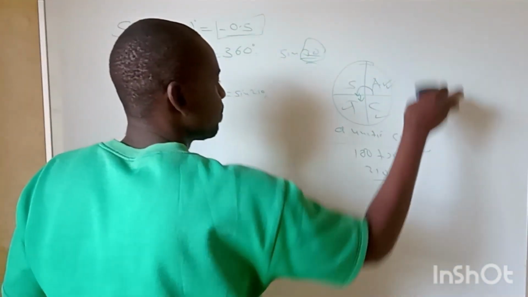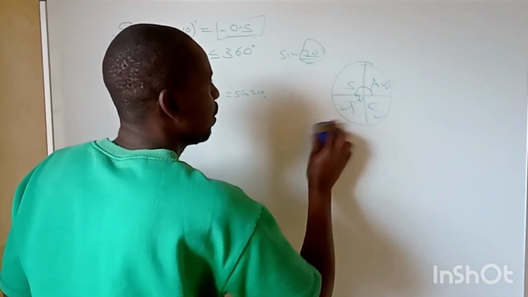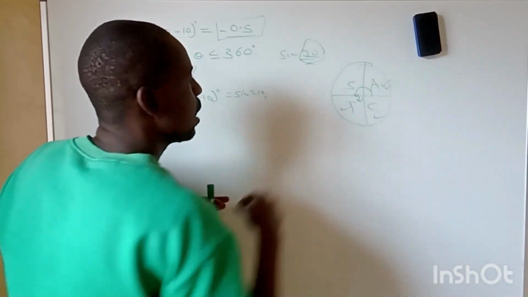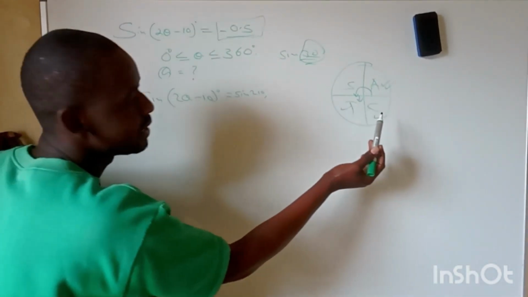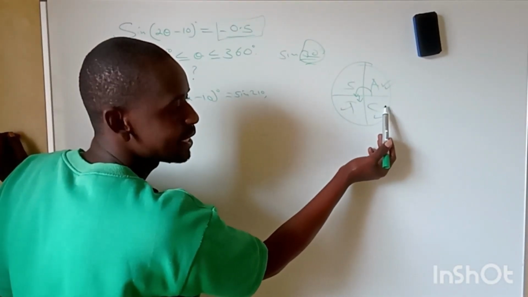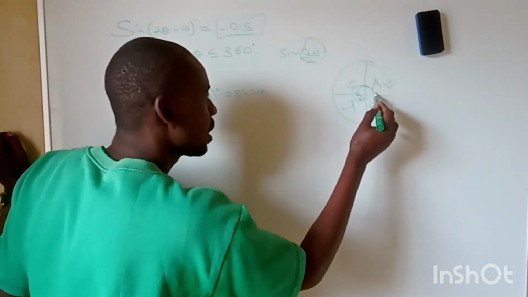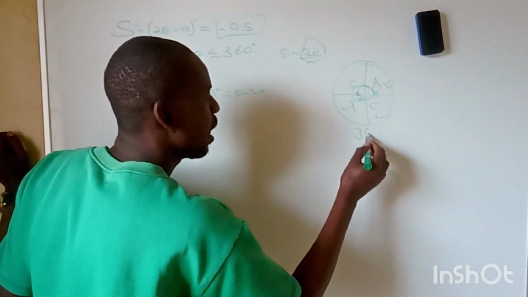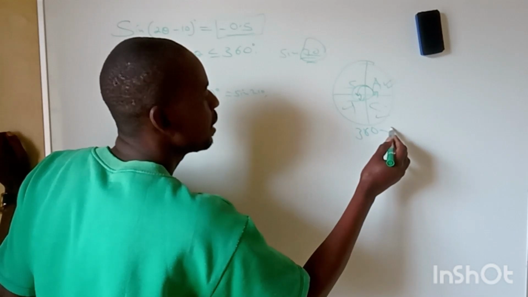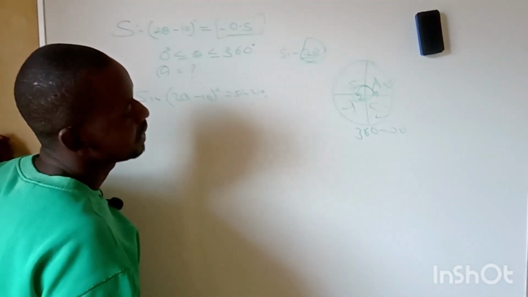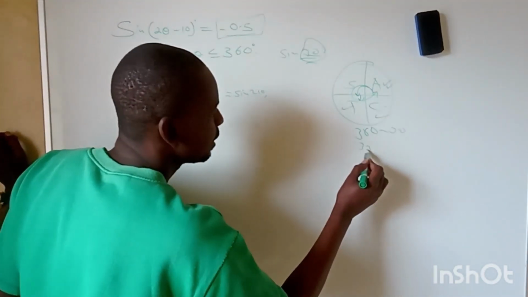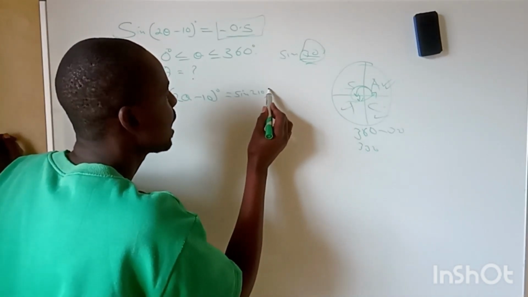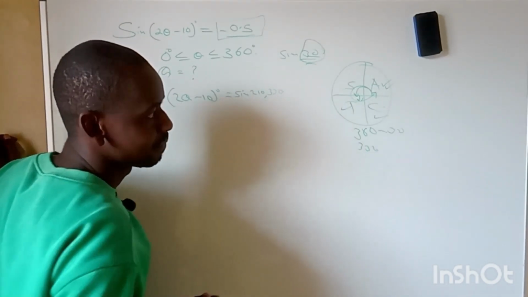Now how can you get another one? The sine is also negative in the fourth quadrant. So you go one round, that is 360, then you minus 30, and you get 330. So another angle is sine of 330.